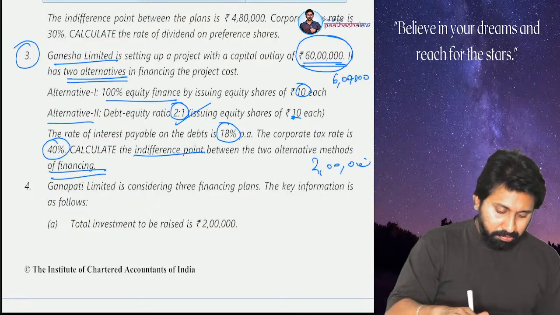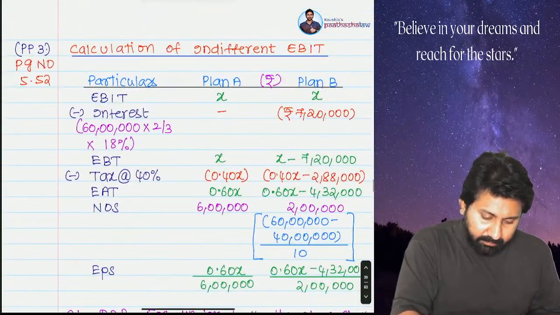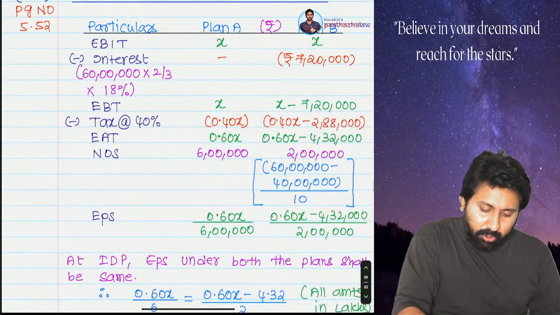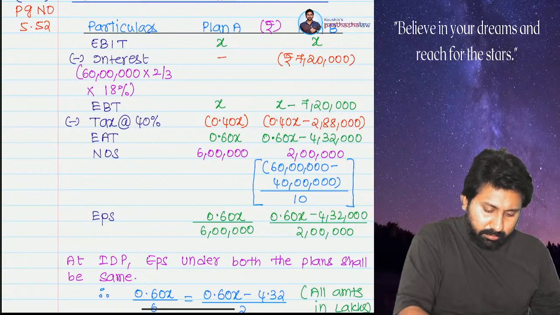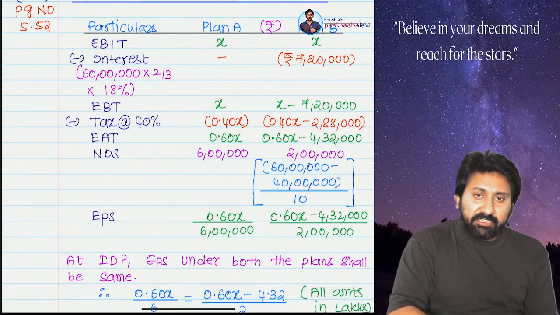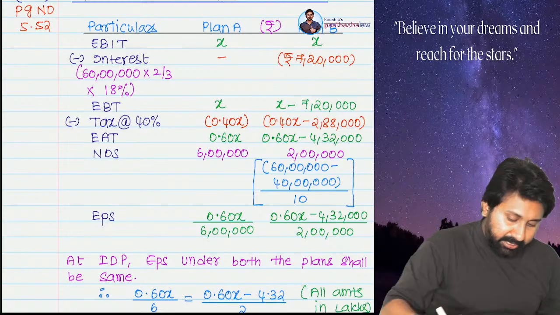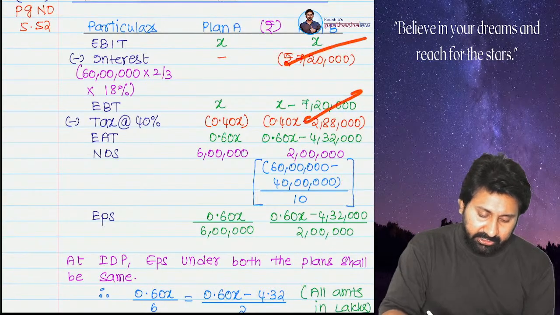Okay. Remaining everything I will show you. See here. First, EBIT we don't know. Interest: in the first option, interest will not be there. Second option, 60 lakh into 2/3 into 18%, 7,20,000 interest.